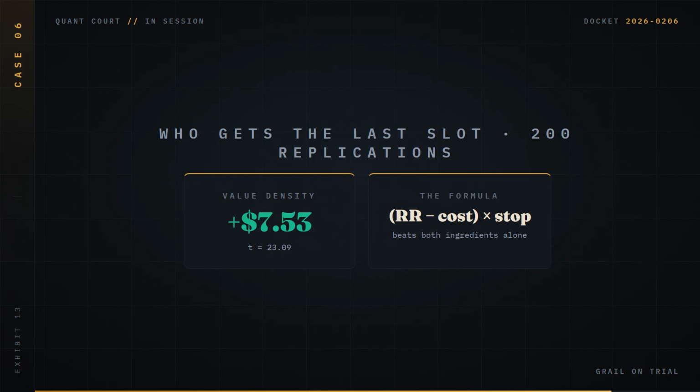When the slot is the last one, which signal gets it? We tested it on common random numbers, 200 replications. The winner is value density, planned reward to risk, minus cost in R, multiplied by stop distance. Plus $7.53, T of 23.09. It beats both of its own ingredients taken alone.